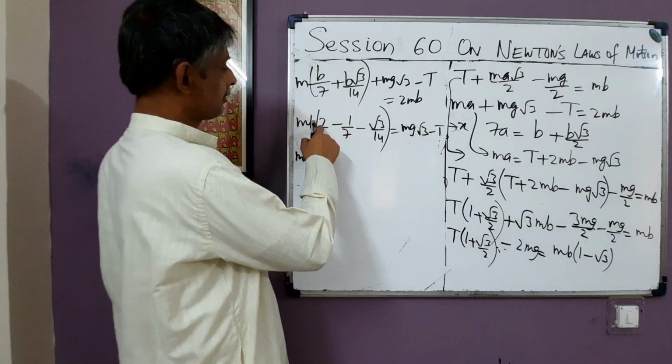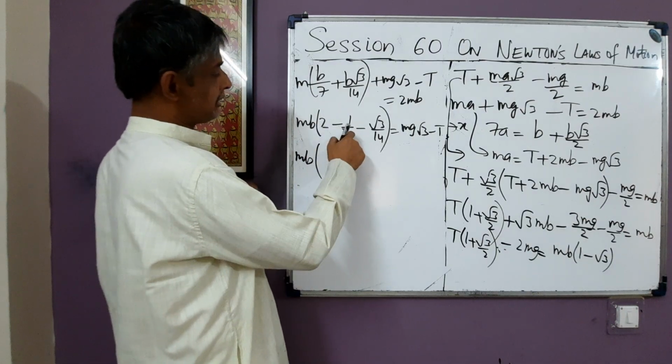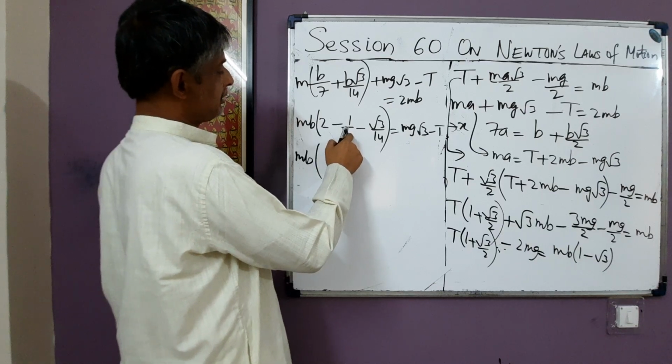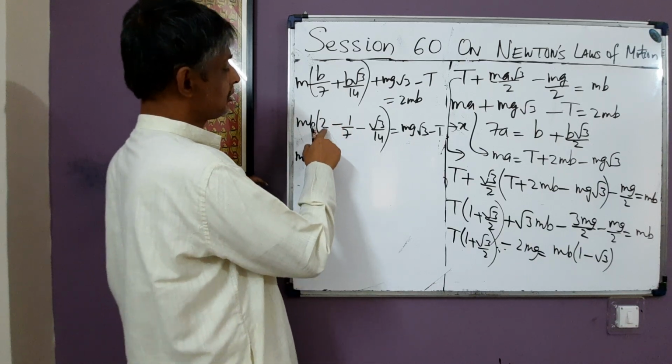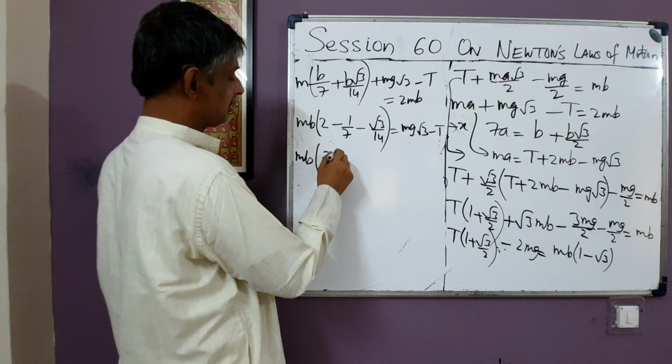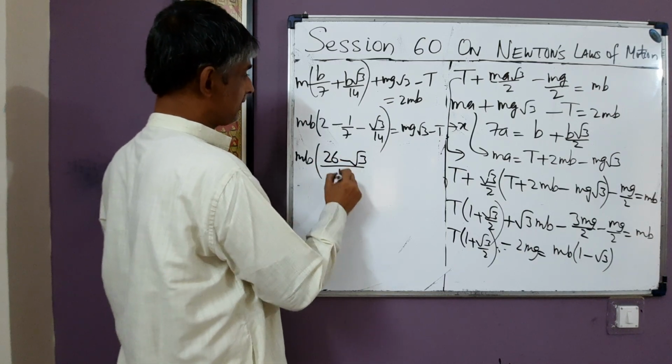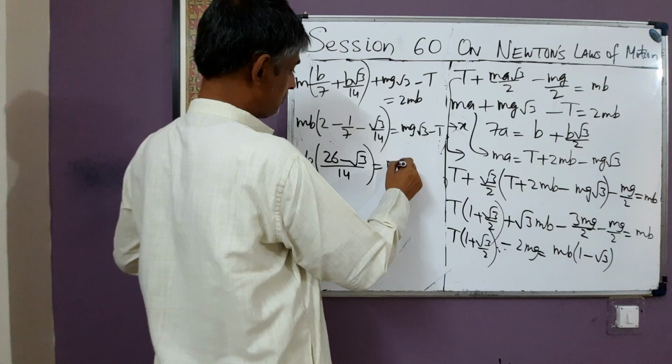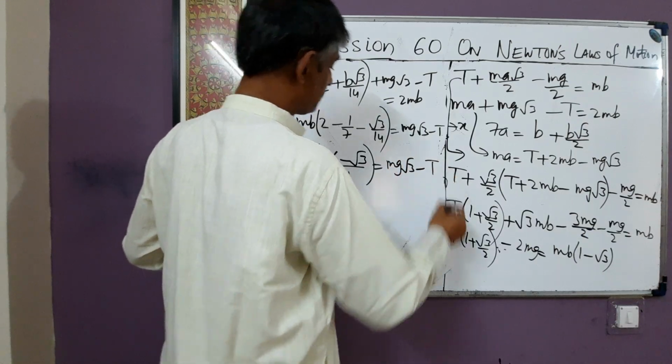If I take 2 here, 14 into 28 becomes 26 by 14, so 26 minus 3 by 14 is equal to mg root 3 minus T.